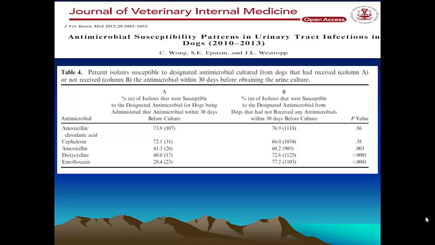The other important result from this study was that dogs that received amoxicillin, doxycycline, or enrofloxacin 30 days before the urine was obtained for doing bacterial cultures had higher resistance levels. And as you can see here, they're comparing those in column A, which are the percent of isolates that were susceptible to the designated antimicrobials for dogs being administered that antimicrobial within 30 days before culture.